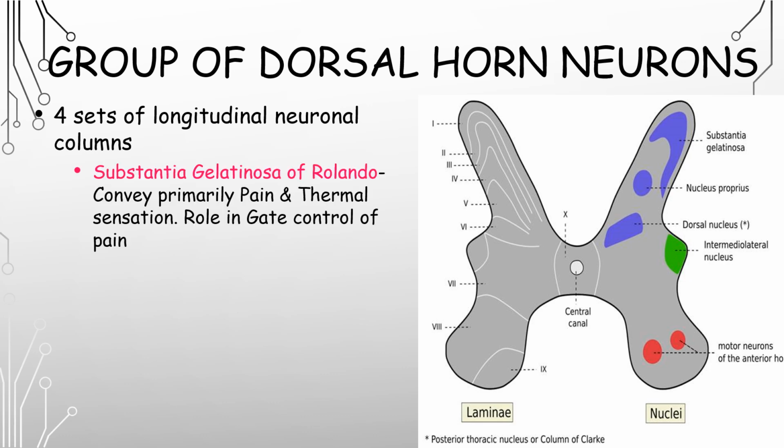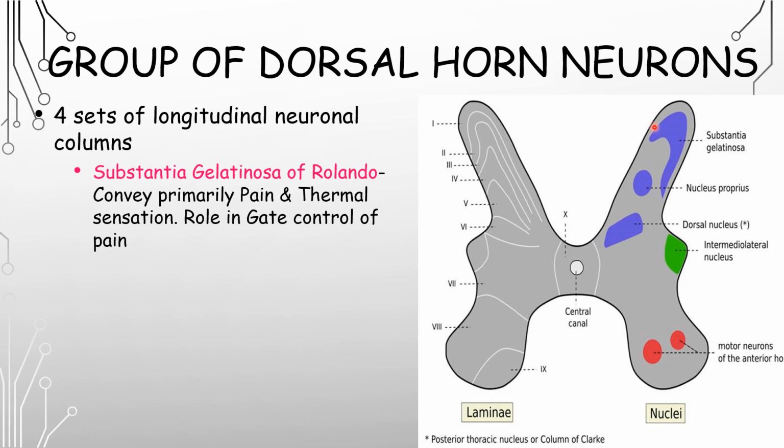The first one is the substantia gelatinosa of Rolando. It is a column of small cells. These cells cap the apex of the dorsal horn. It is present as a gelatinous material along the entire length of the spinal cord.